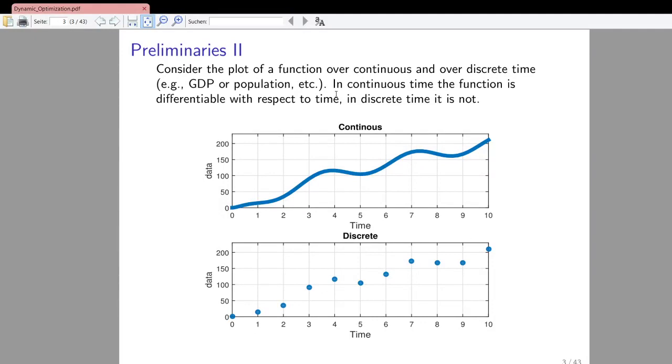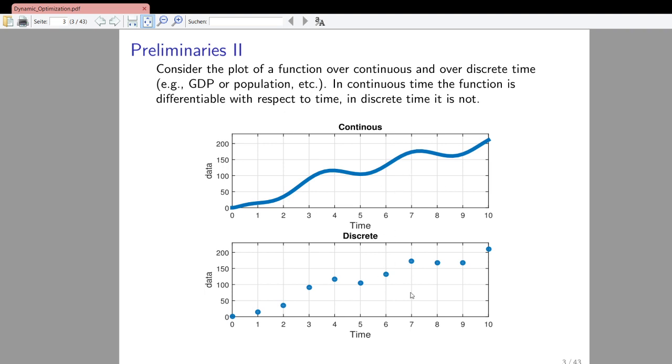Now, the main difference from a mathematical point of view between the 2 time concepts is that a variable measured in continuous time is differentiable with respect to time, and a variable that is measured in discrete time is not differentiable with respect to time. We see this easily in these 2 diagrams. The first one depicts a variable that is measured in continuous time, and the second one a variable that is measured in discrete time.